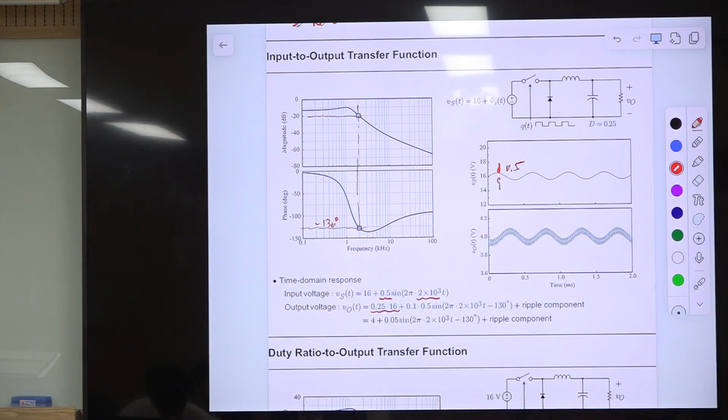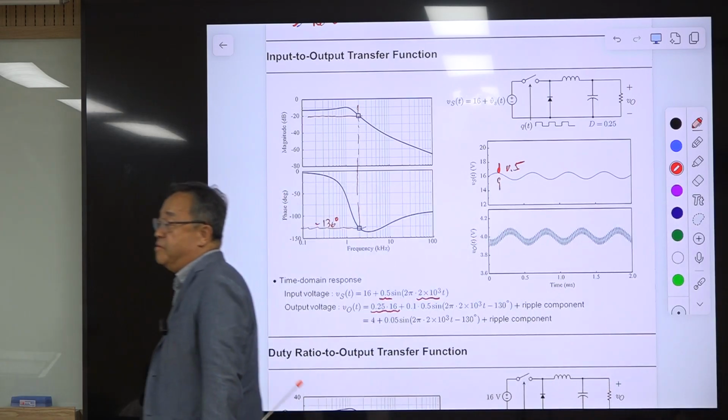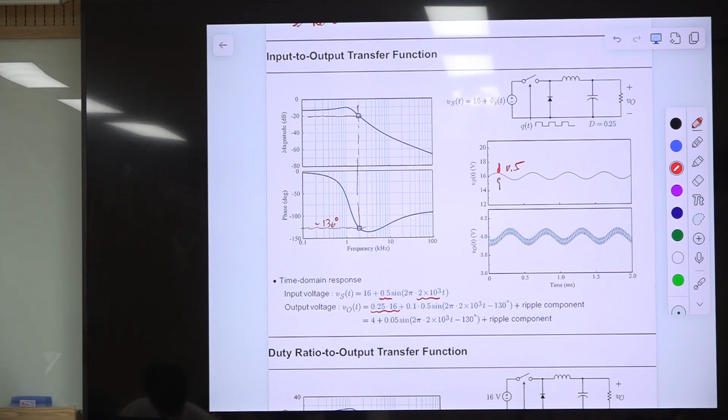Okay, very simply, just applying Ohm's law. Okay, every circuit analysis here is just Ohm's law. I will call it Ohm's law always from now on. Okay, use Ohm's law, then the ripple component can be accounted for here. All right, and then this output is this one.